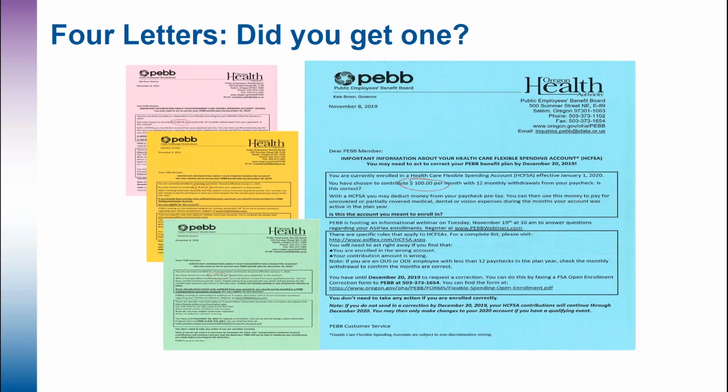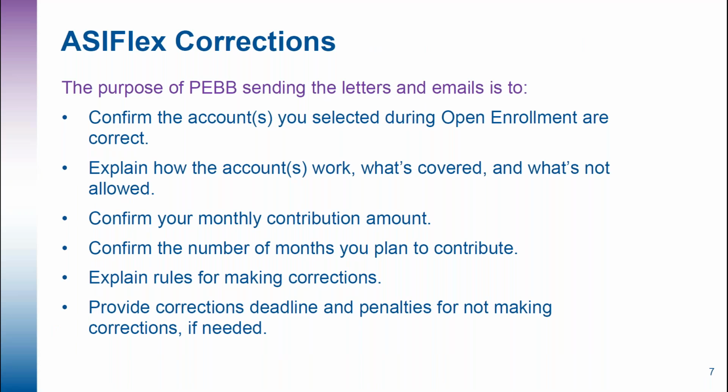So here's kind of an example of what they look like. These are your postal service, your hard copy letters. We send these out to say, hey, Linda Fries, you have enrolled in a healthcare FSA. You are contributing $100 per month into this FSA.